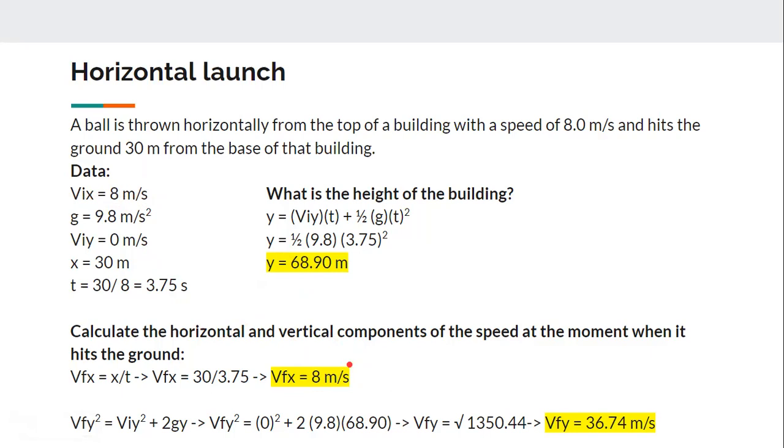Now, to get the final velocity of y, we know that the formula is the final velocity of y squared equals the initial velocity of y squared plus 2 times the gravity times the height. Now we substitute the information. The final velocity of y squared equals 0 squared, which will be 0, plus 2 times 9.8 times 68.90.